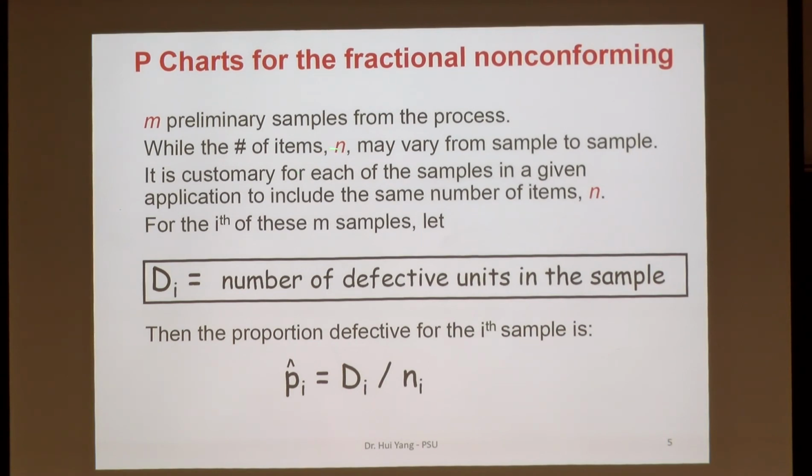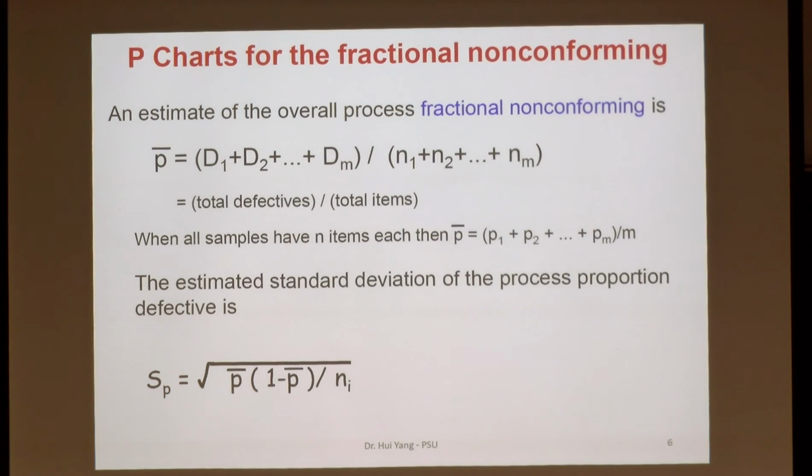Now in each sample you have n items. This n is the same. Now di is the number of defective units in the sample. Then the fraction defective, or the proportion defective, will be di over ni. Because ni is the sample size and di is the number of defectives in this sample. So this will be the fraction that is defective for this ith sample.